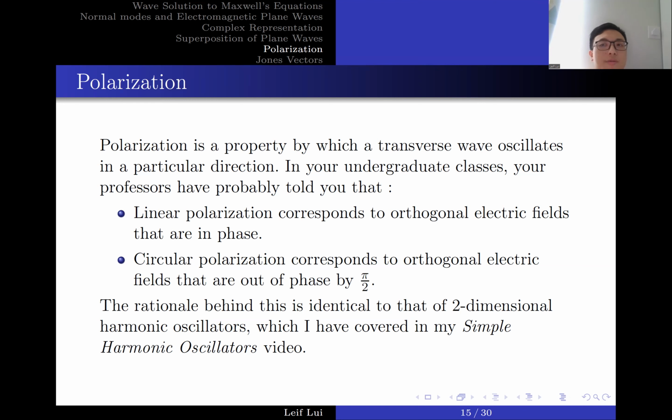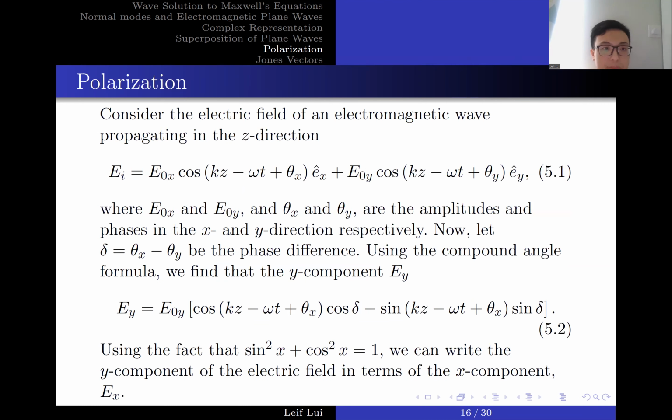I don't know if they have ever mentioned the rationale behind this, but I have already mentioned it in my section on two-dimensional harmonic oscillators, in my simple harmonic oscillator videos. But I will talk about them a little bit more here, and I will eventually talk about something more enlightening, namely the Jones vectors.